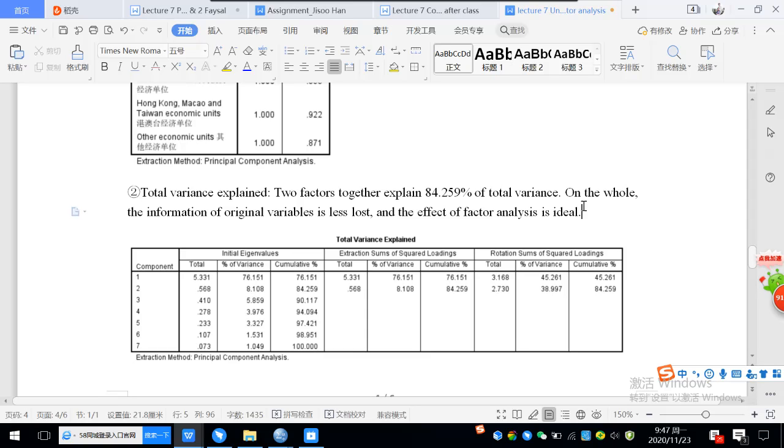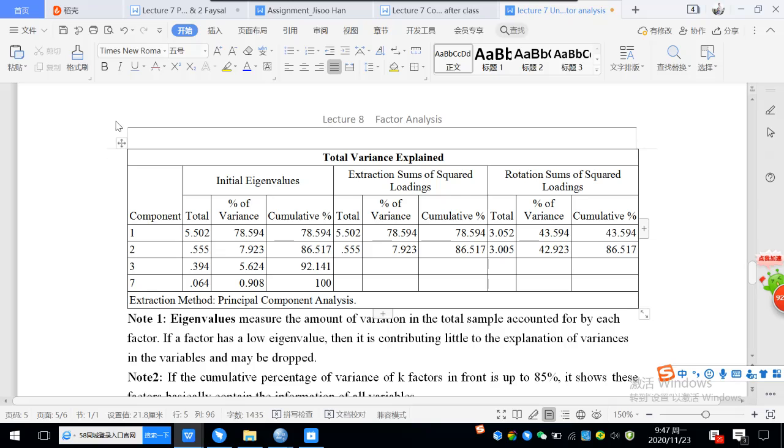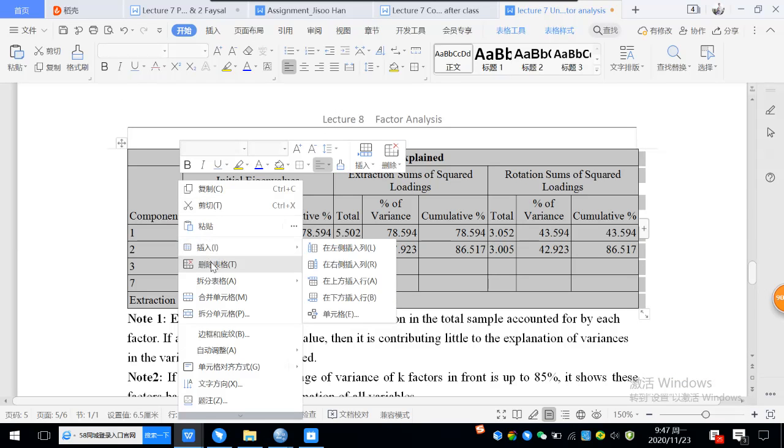Okay, third question. Please name the factors. Okay, so that's the first. Okay, I delete this one.